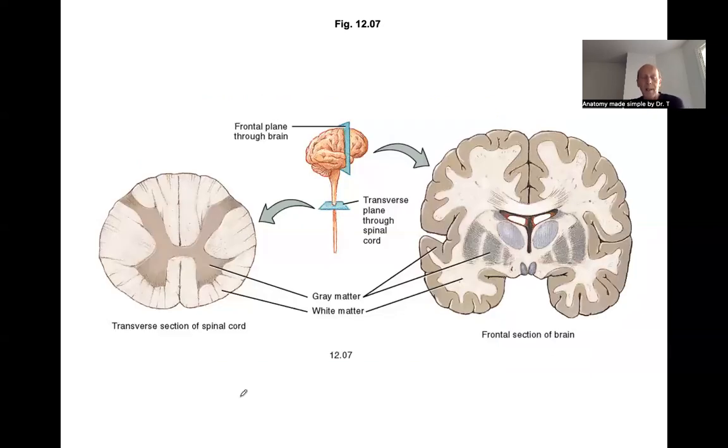Once the myelinating process is done in the central nervous system, it will generate 2 different colors of nervous tissue. We're going to call it gray and white matter.